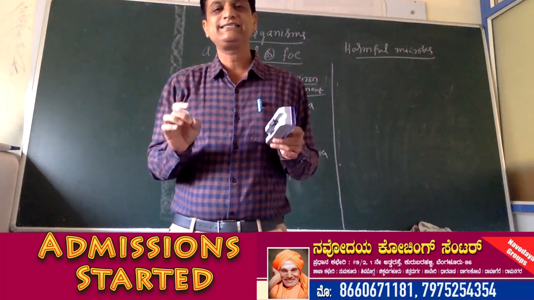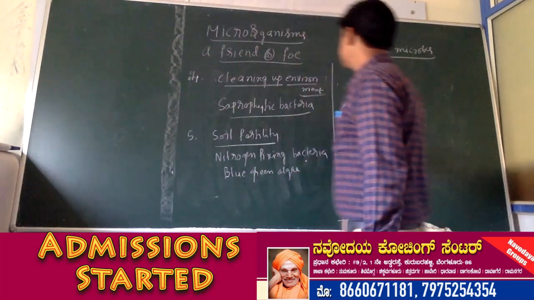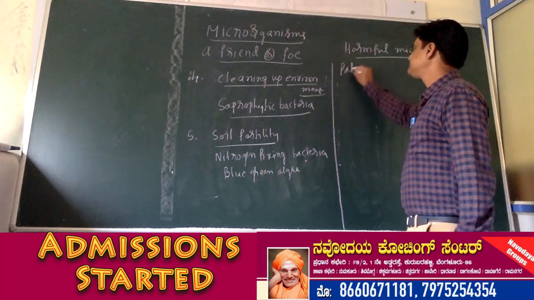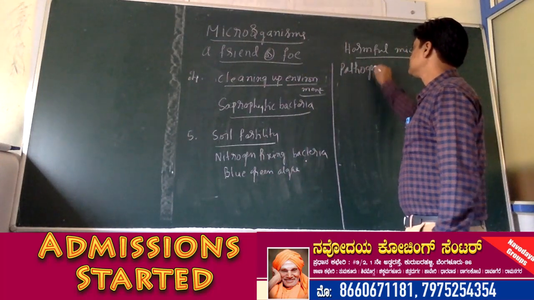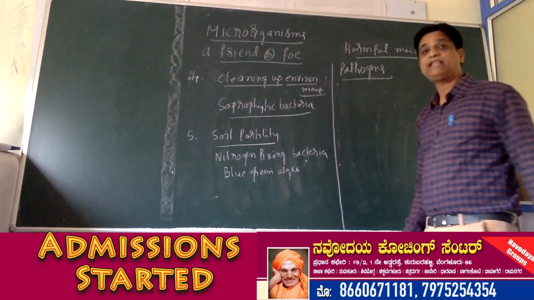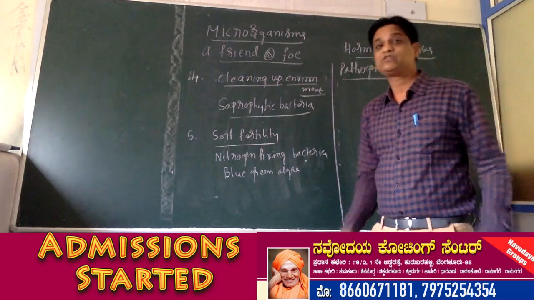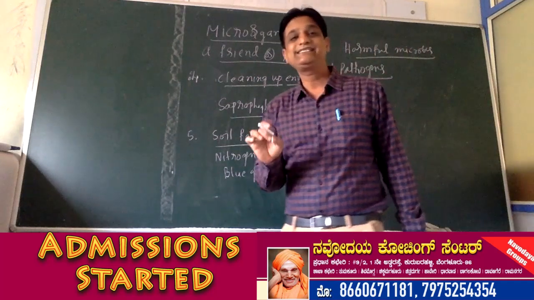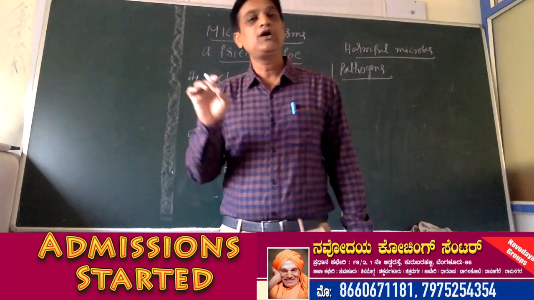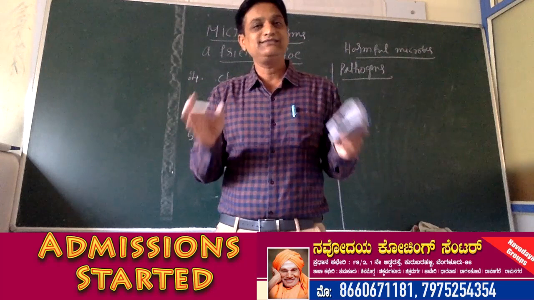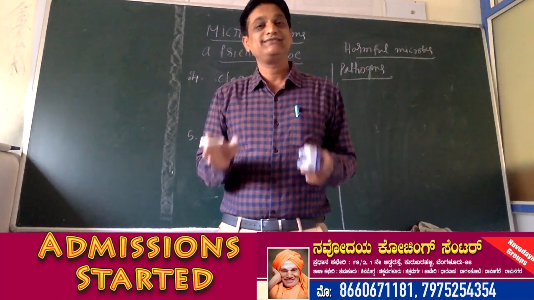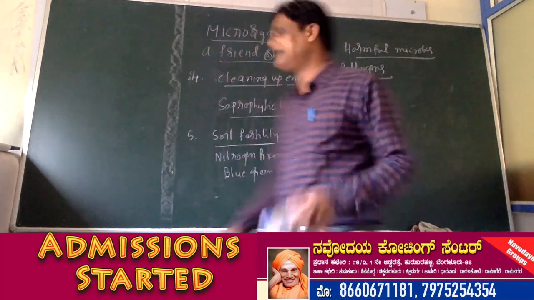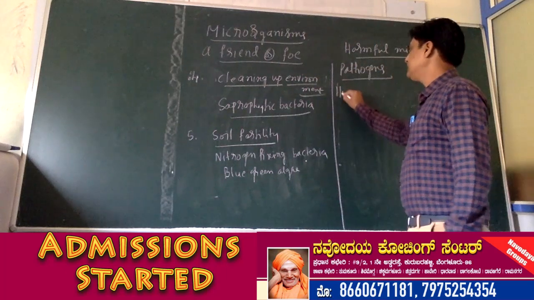Disease causing microorganisms are called pathogens. So what are pathogens? Pathogens are nothing but disease causing microorganisms, and these pathogens cause diseases in human beings, in other animals and in plants.